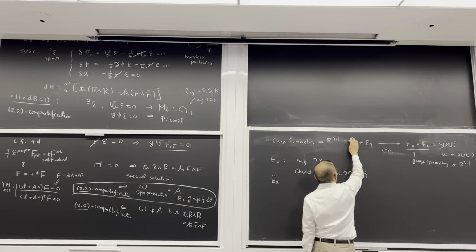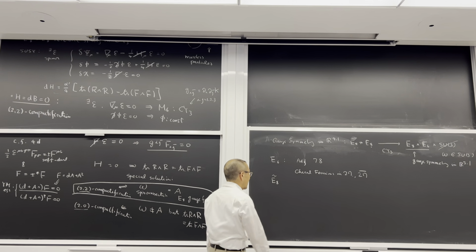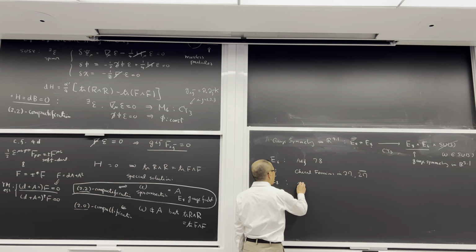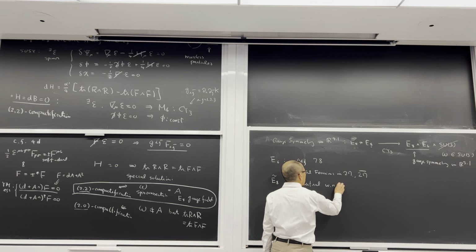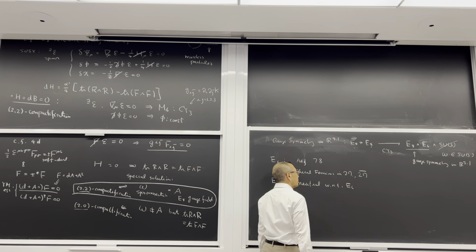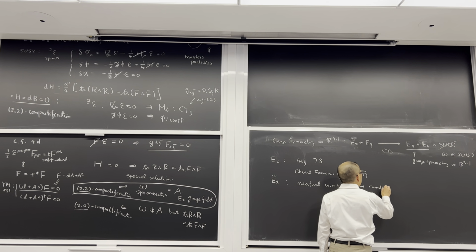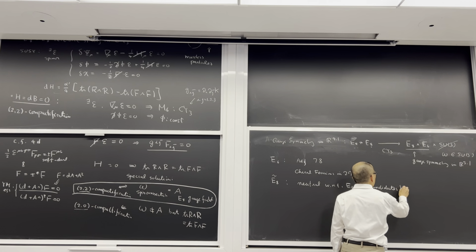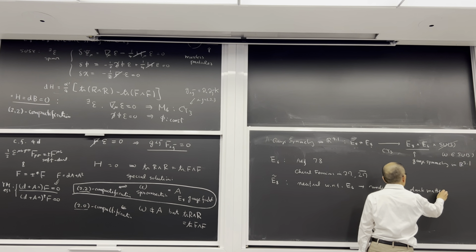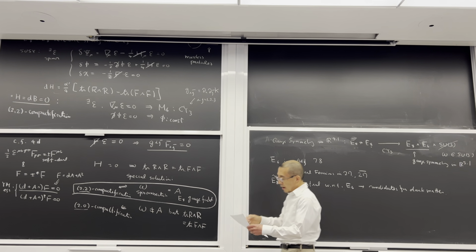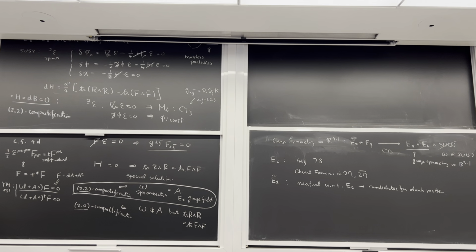It's not that you have a group called E8 tilde, but just to distinguish it from this E8, let's call it that. So these are all neutral with respect to this E6. So these are the candidates for dark matter, because these are not sensitive to this E6 gauge symmetry.